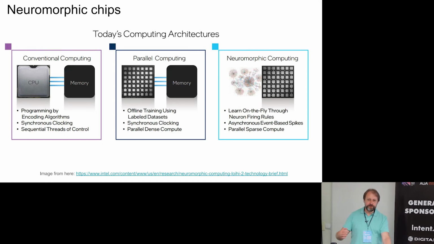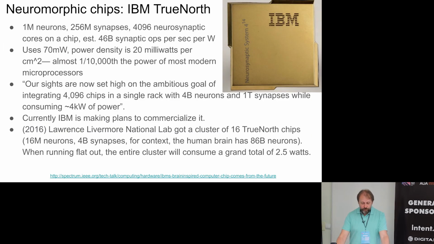There is no single timing device. There is no single schedule upon which every computing device calculates something. There are some cores, some units that get excited at different times and they communicate to each other, and that's a completely different story. And one of the most famous chips is IBM TrueNorth.